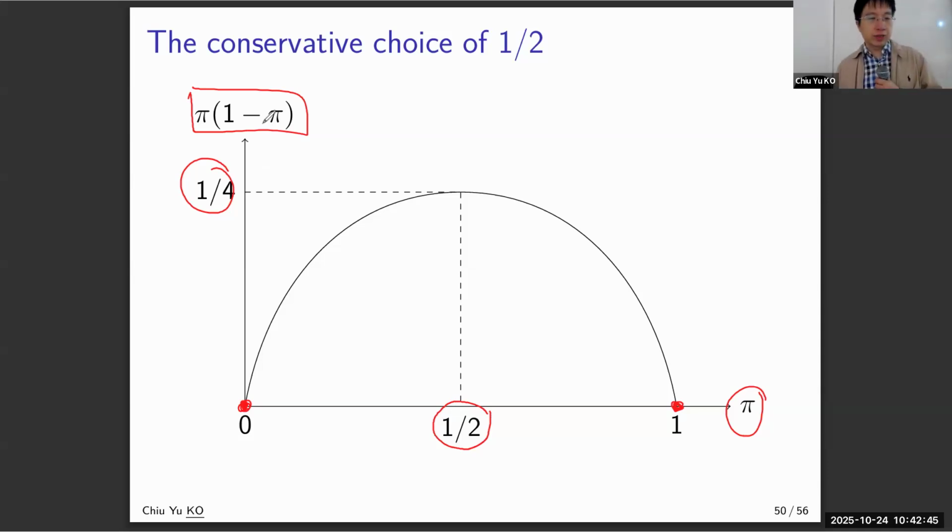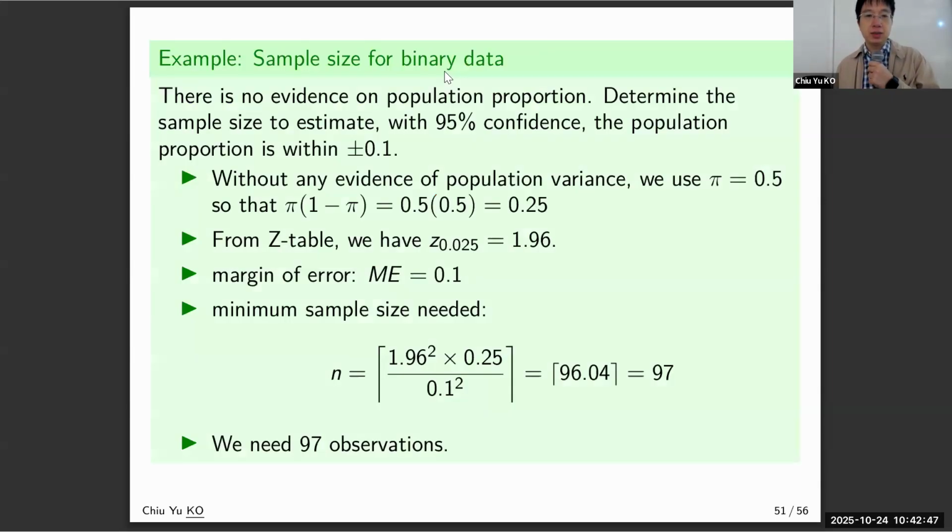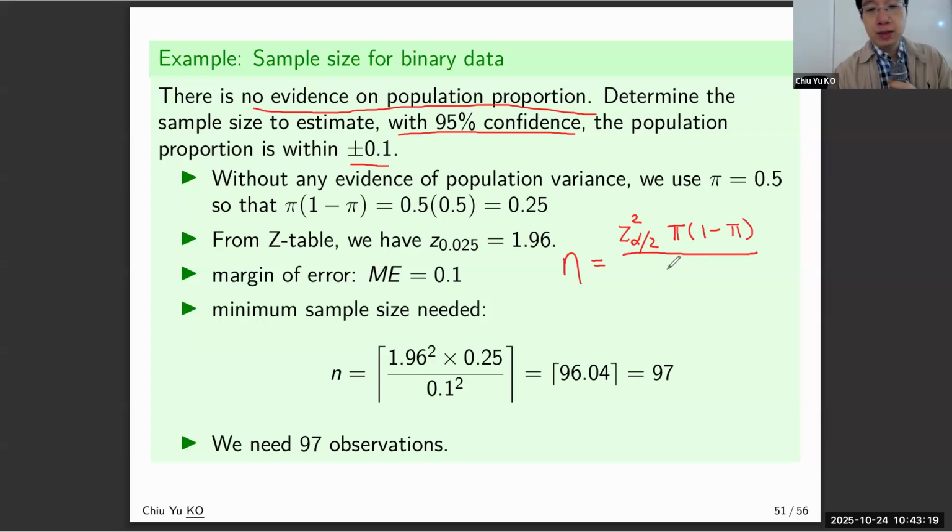That means that when we do the calculation, as in the example here, I have no evidence about the population proportion. I want 95% confidence. I want it within 1%. So the formula is this: n equals Z alpha over 2 squared, times pi times 1 minus pi, divided by ME squared.